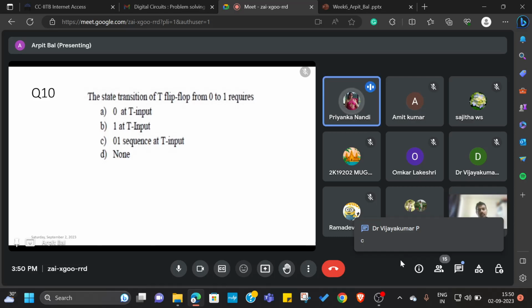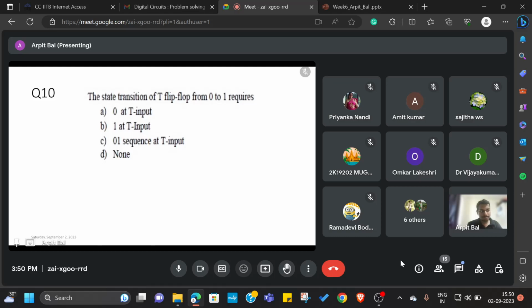Okay, C may be the right answer. So we have two answers. Why will it be C? The question is from 0 to 1, that's why it's striking that C may be the answer.